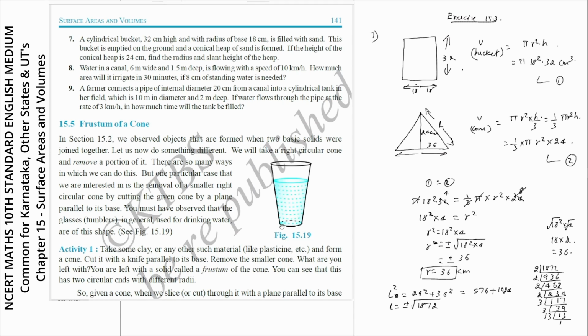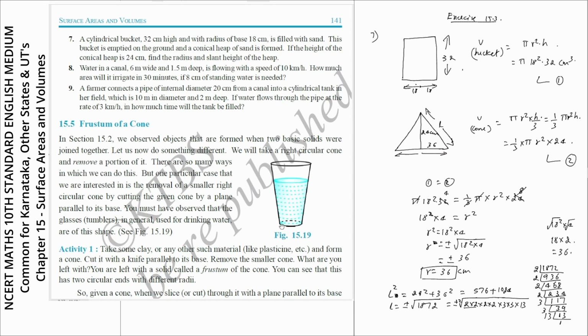So this is equal to plus or minus square root of 2 into 2 into 2 into 2 into 3 into 3 into 13. Now square root means second root of this.